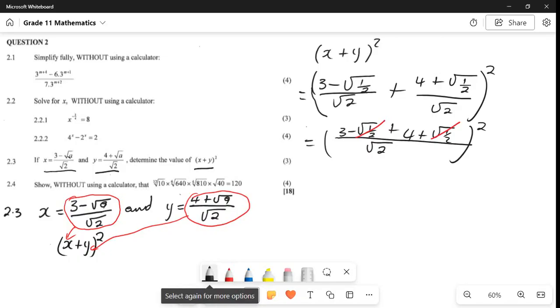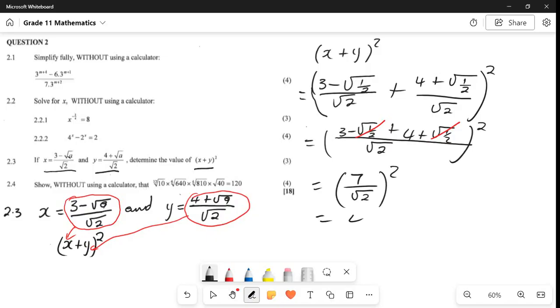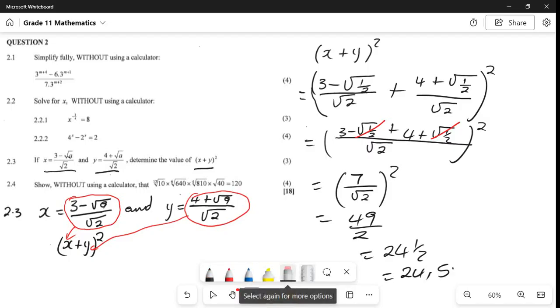I'm sure from here you can see that we have the same thing on the numerator. We're left with 3 plus 4, which is 7. On the denominator we have the square root of 2, all squared, and we still have 49 over 2, which equals 24 and a half, or 24 comma 5. There's no difference there. It's the same thing.